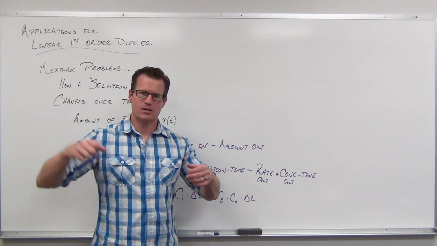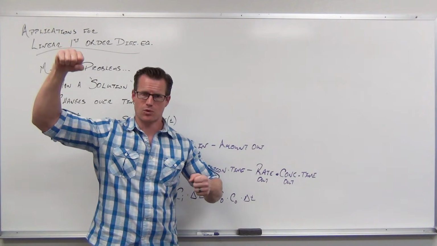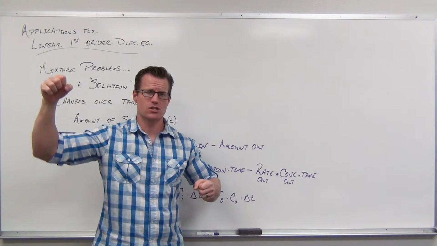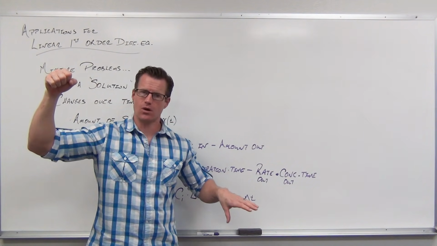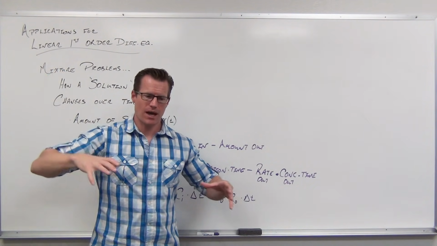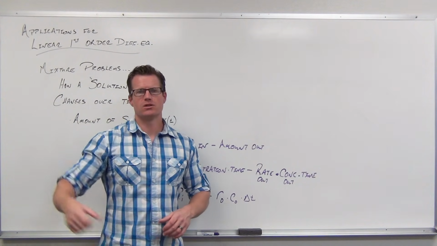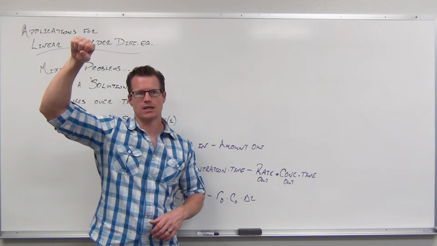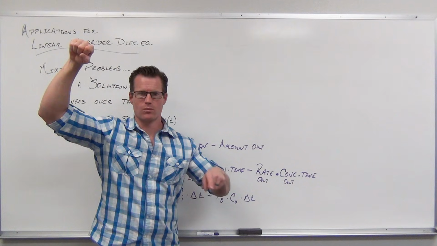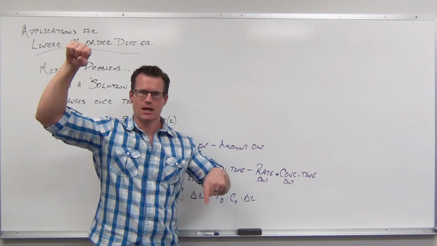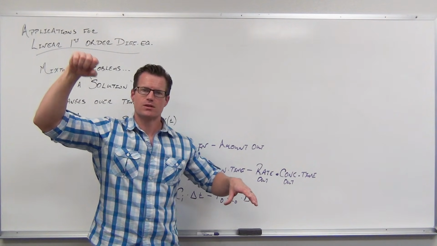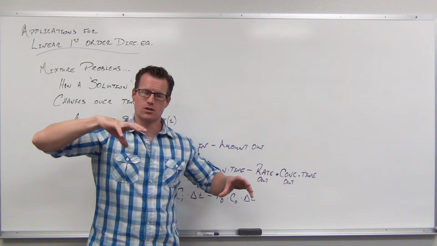Unless the container and what you're pouring in have exactly the same concentration, what you're pouring out is always changing. If you have pure water and you start pouring in a concentration with salt in it, this is going to start getting more and more salty until you start draining stuff out. So that concentration out is always changing.